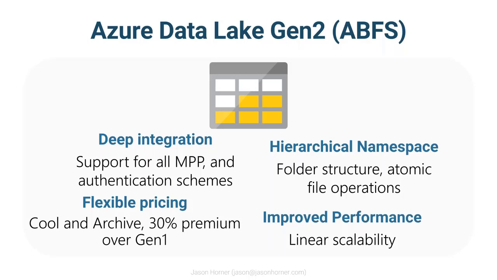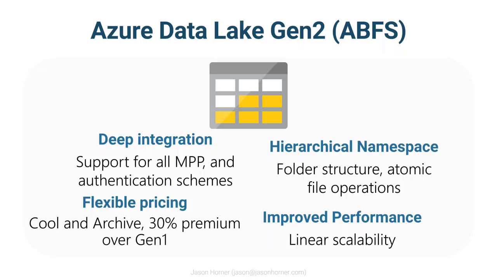But you also have flexible pricing, the ability to tier the storage, and deep integration with all the major MPP engines through either Microsoft-provided or open source drivers and authentication schemes.